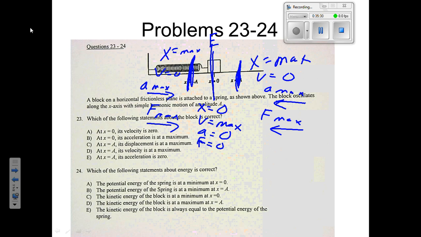At either x equals a or at x equals negative a, its displacement is at a maximum, right? What about D? At x equals a, its velocity is at a maximum. No, what's its velocity at x equals a? 0. And at x equals a, its acceleration is 0. It's maximum at that point, right? So the only one that looks good here is C. C is your answer on number 23.